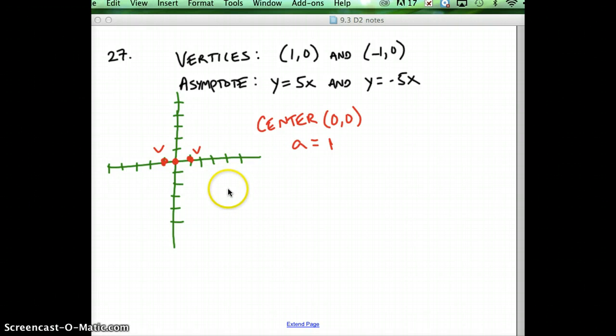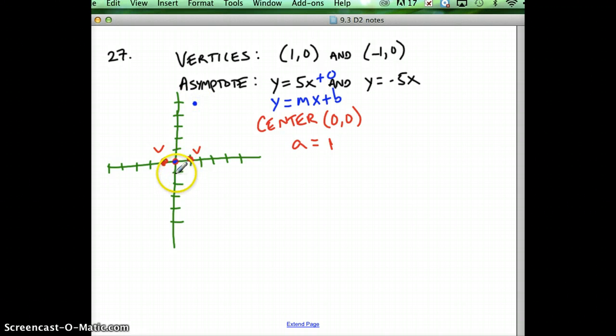Okay, so now we're going to draw the two asymptotes in. We have our two equations, and so from this we know that our slope is 5 and our y-intercept is 0. So that means it would go through the origin, and for a slope of 5, we would go up 1, 2, 3, 4, 5 and over 1.